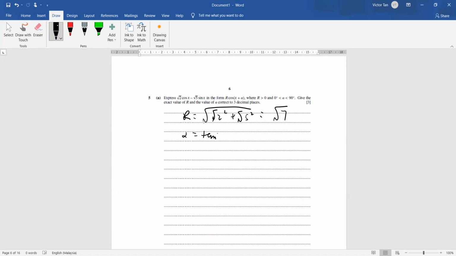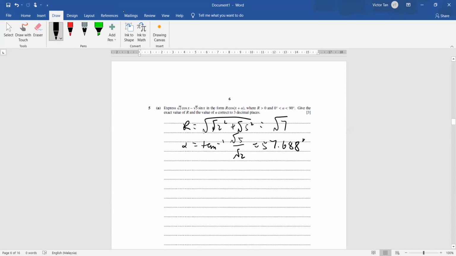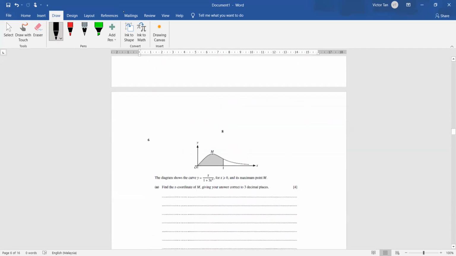Alpha would be arctangent root 5 over root 2, which is 57.688 degrees. Yes, correct to 3 decimal places. Such a simple solution, simple question. 3 marks.